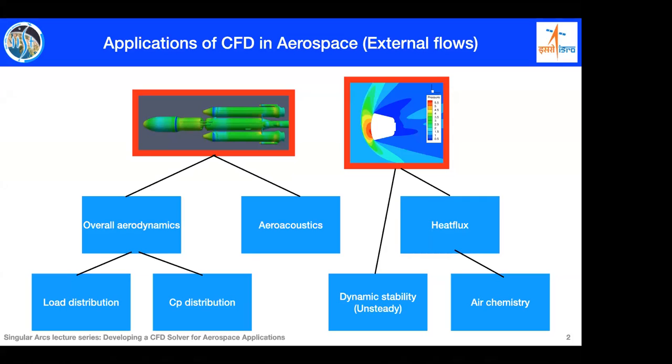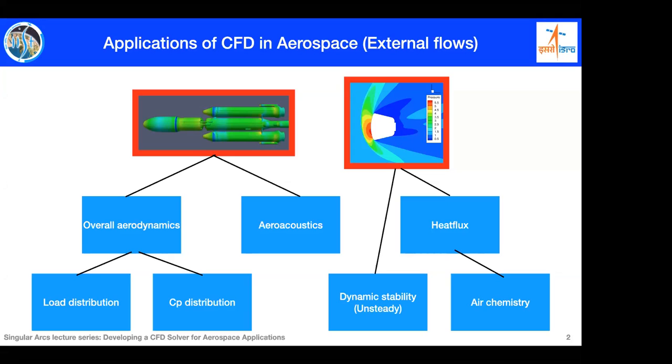In overall aerodynamics, we use the aerodynamic coefficients, or forces and moments, in control design as well as trajectory design. We can go a little deeper and say we need sectional loads, or the sectional pressures acting on the vehicle, which go into structural design. So this forms a core application for launch vehicles.